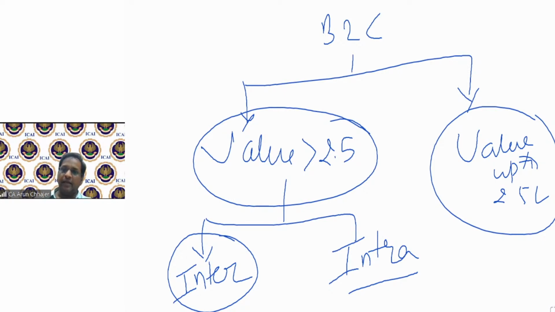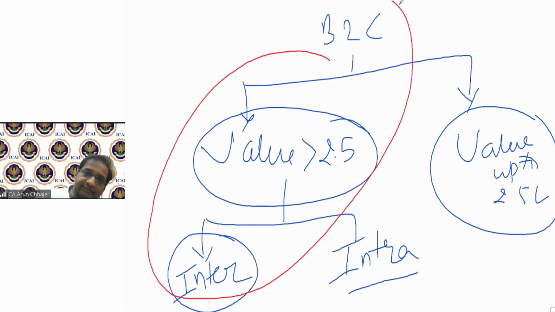IGST. And if it is intra, then CGST plus SGST. Correct? So this information will be invoice wise.